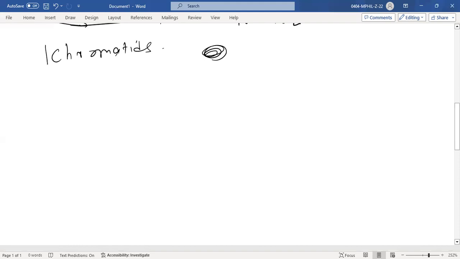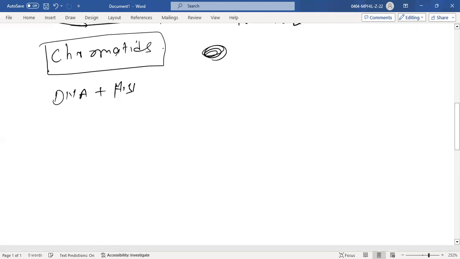This chromatid is composed of two things: DNA plus histone proteins. DNA plus histone proteins. Are you getting it?